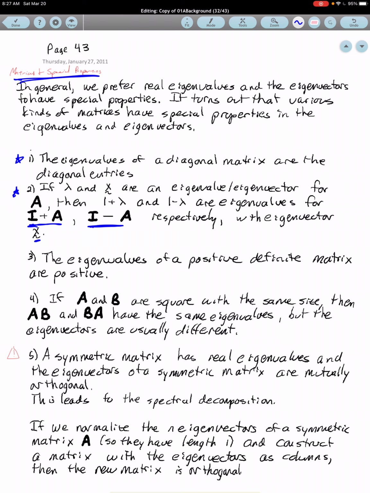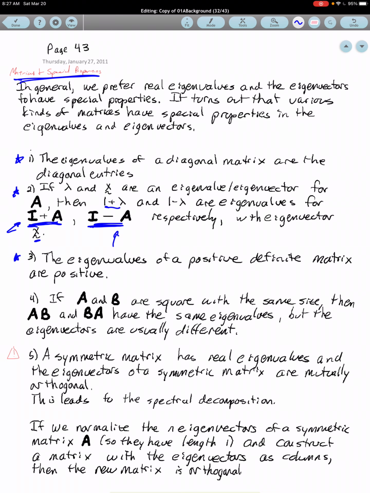So the eigenvector doesn't change, but the eigenvalues do. So 1 plus lambda is now an eigenvalue for the matrix I plus A, and 1 minus lambda is an eigenvalue for the matrix I minus A. You'll notice that in this case of I plus A, all we're doing is changing the diagonal entries of that matrix, right?